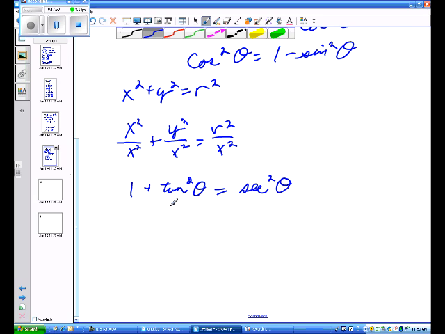Again, we can come up with some other ways. We could say the tangent squared is equal to secant squared minus 1, subtracting 1 from both sides, or 1 equals secant squared minus tangent squared.